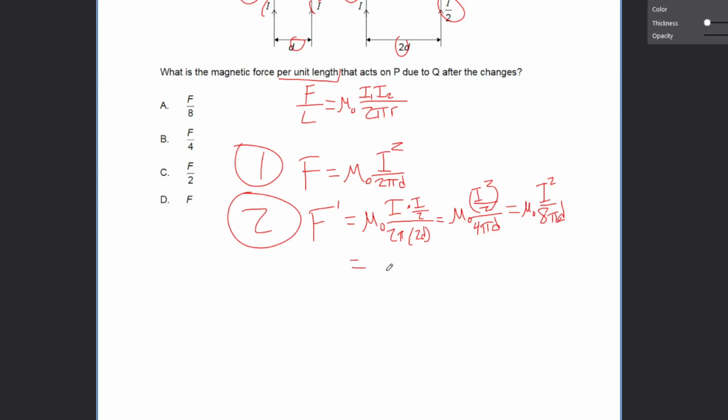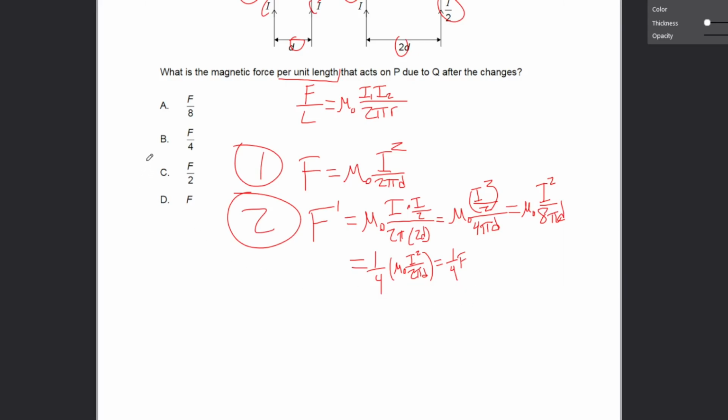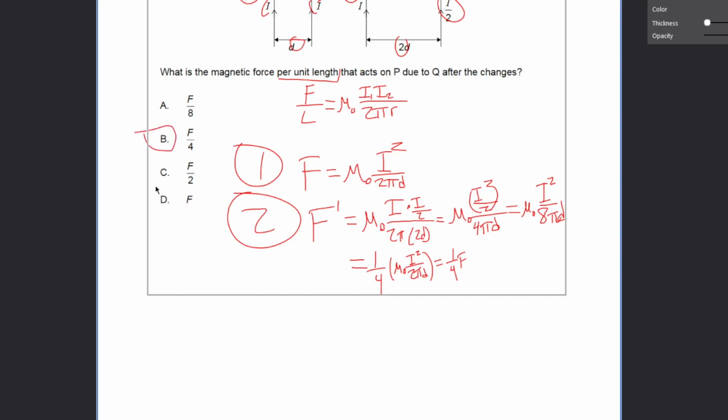And take out 1/4. You have 1/4 times all of this stuff. So we have 1/4 of F, because this here is equal to F. So our answer is going to be B.